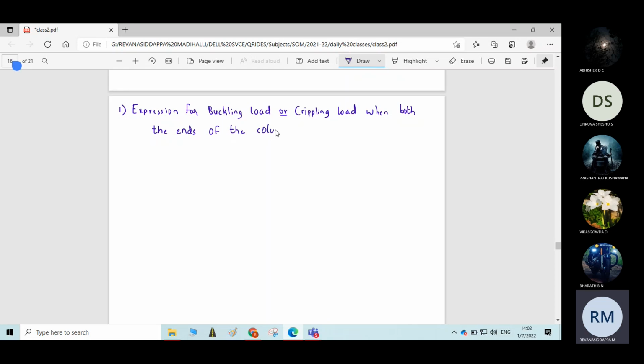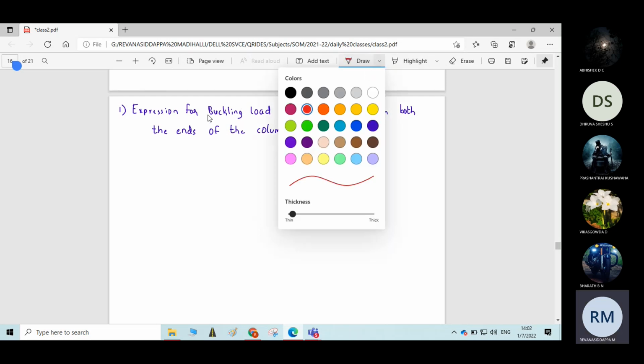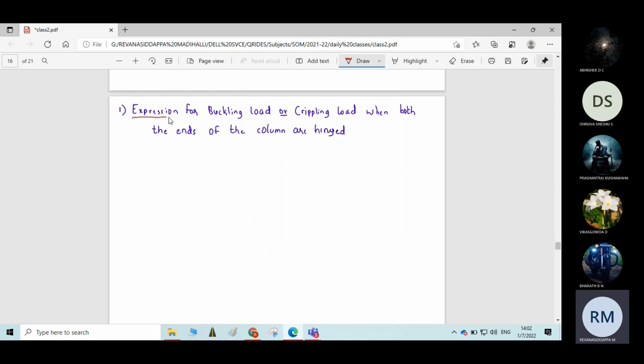What is the end condition for the column? For the first case, both the ends of the column are hinged.